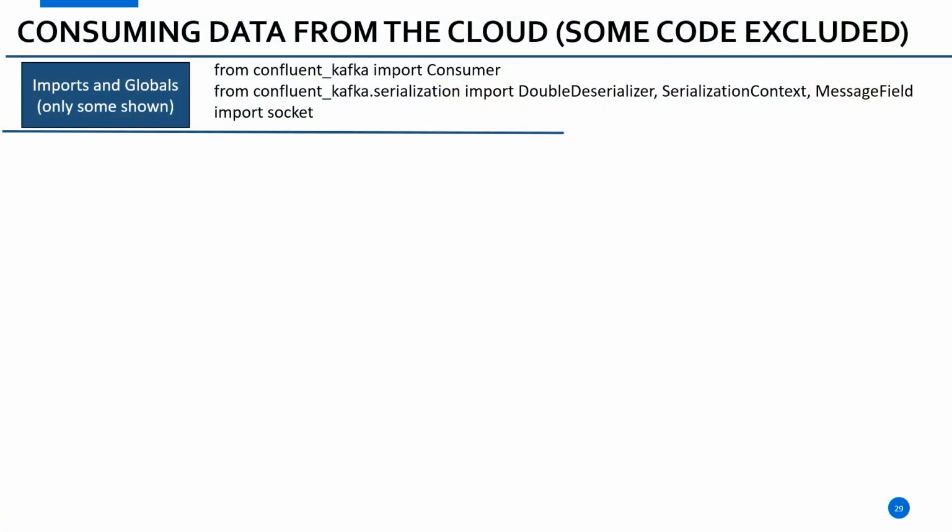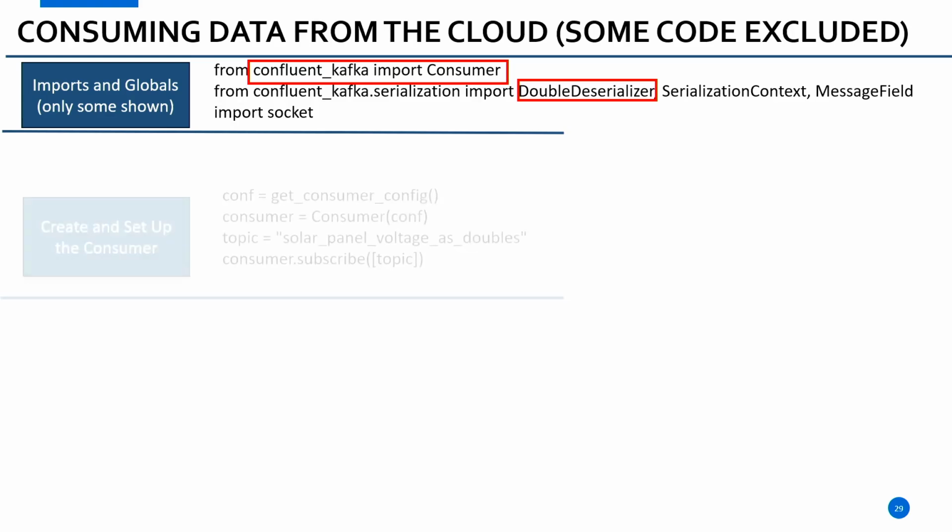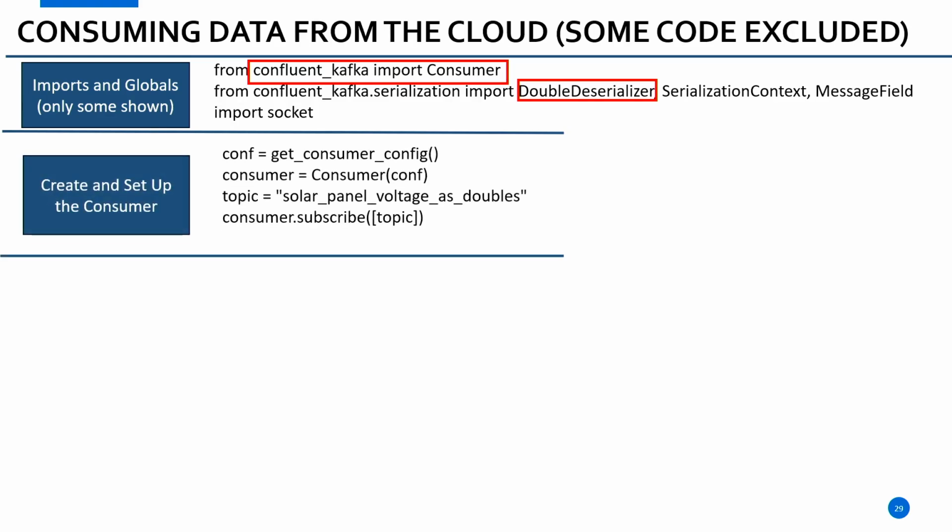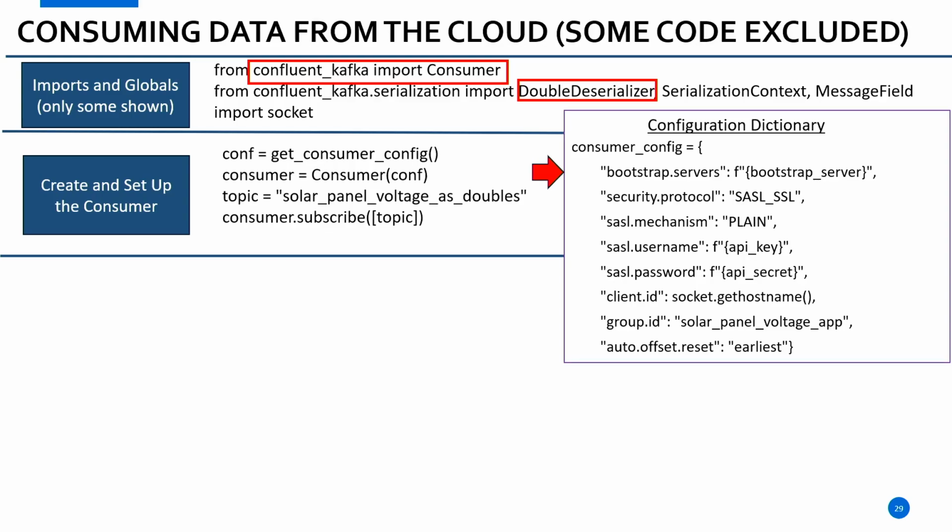So similar to the producer, we're going to use the Confluent Kafka library again, importing a consumer this time instead of a producer. And we're going to use this double deserializer to help us turn those bytes back into a decimal value that we can use in our application. So similar to the producer again, we give it a configuration dictionary.